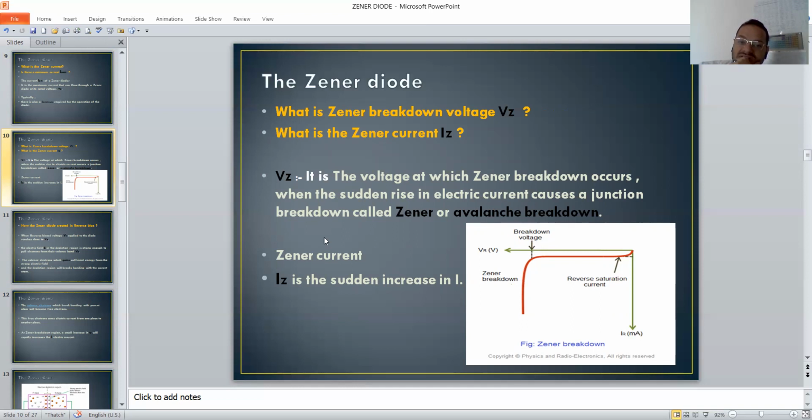The Zener current is the sudden increase in current. Focus on the slide: the sudden increase in the amount of current, and like I said, a negative amount of current.